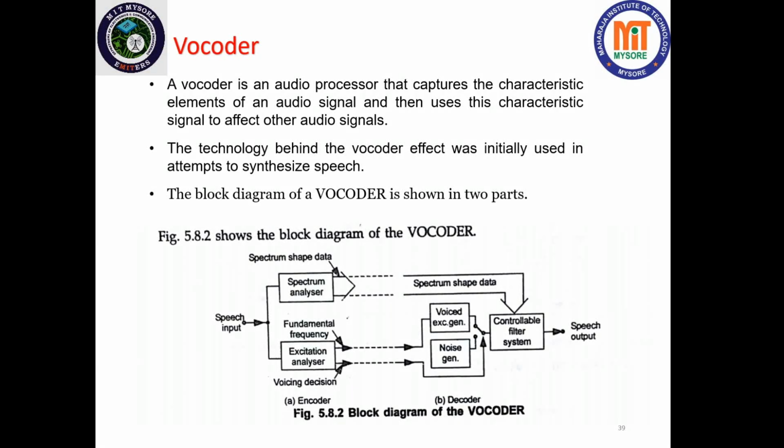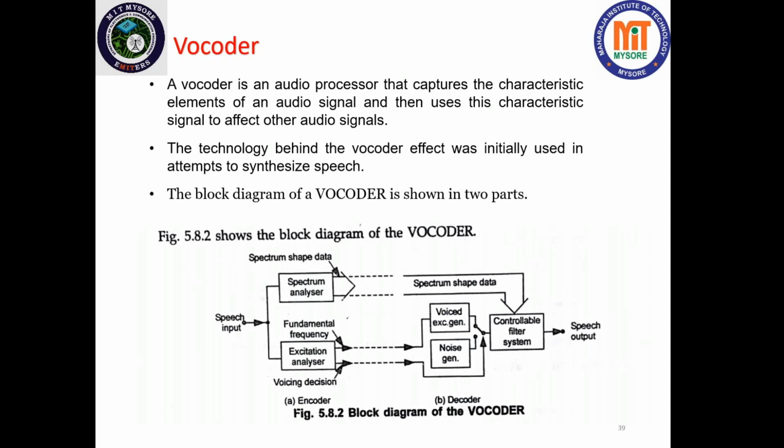So here the vocoder is an audio processor that captures the characteristic elements of an audio signal, or precisely, speech signal in our case, and then uses this characteristic signal to affect other audio signals. So we are using some characteristic elements of the speech signal and using that to affect the other signal's characteristics.